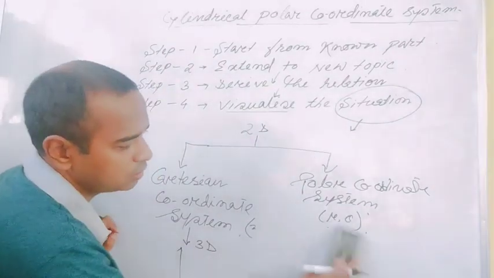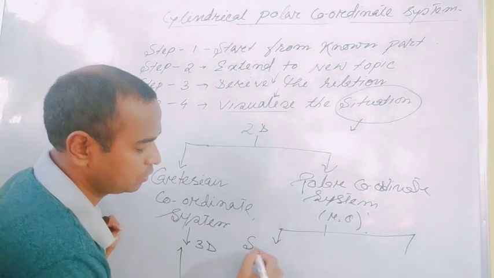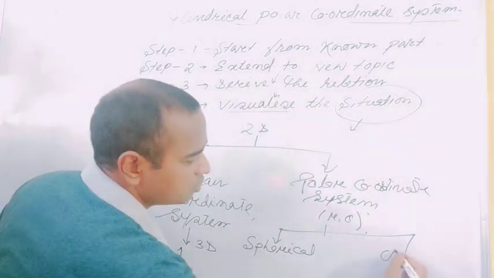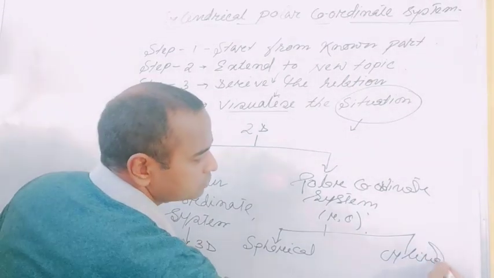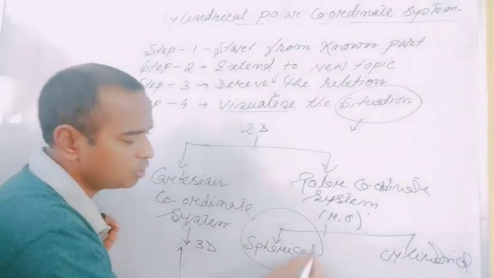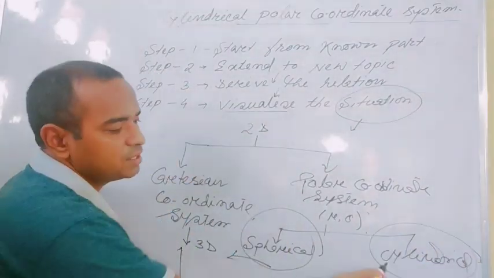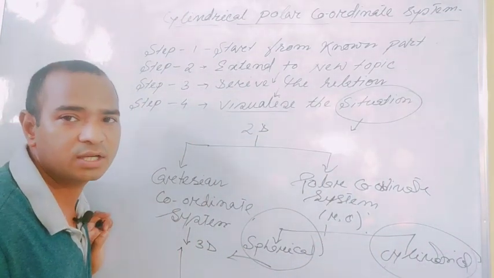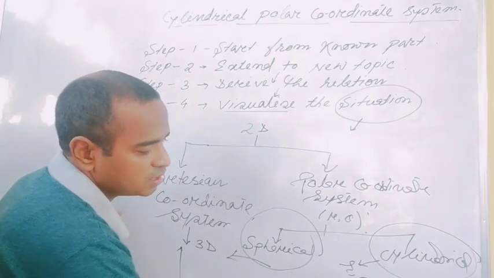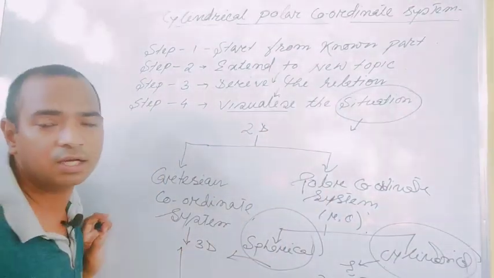One is called spherical polar coordinate, and another is called cylindrical polar coordinate system. We have already discussed this in the previous video. Now in today's class we shall discuss what the cylindrical coordinate system is and how r, theta, z are connected to x, y, z.